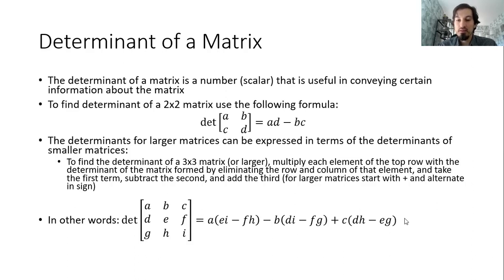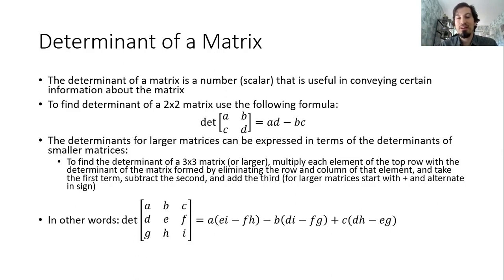That's what this is. So this is the formula, and I'll tell you now, I'll never have you calculate the determinant by hand of any matrix bigger than 3 by 3. You could do this for a 4 by 4 matrix.